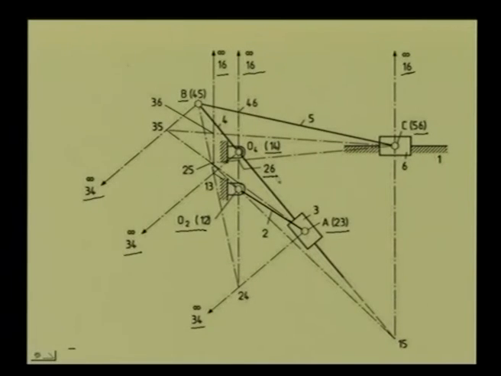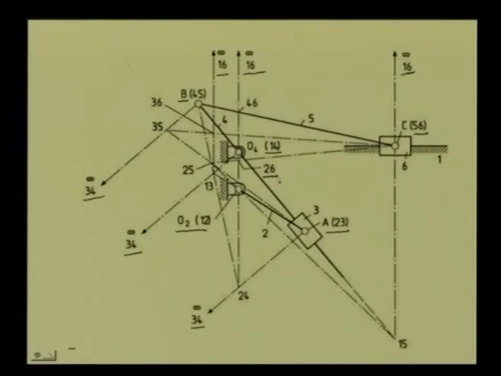After obtaining all the relative instantaneous centers, we are in a position to carry out the velocity analysis of this mechanism. That means, for this configuration, if one prescribes the input angular velocity omega 2, which is given, we have to determine the velocity of the cutting tool, that is link number 6.